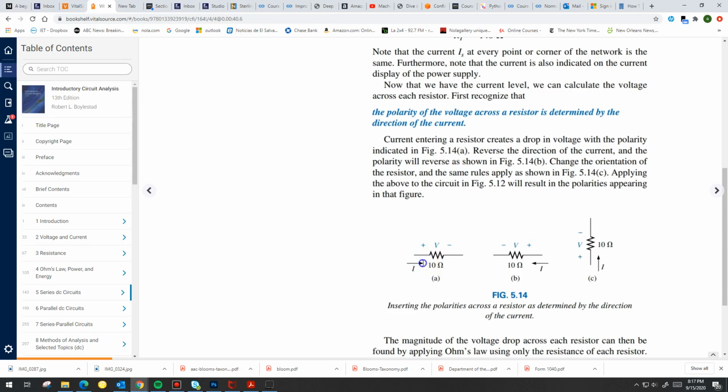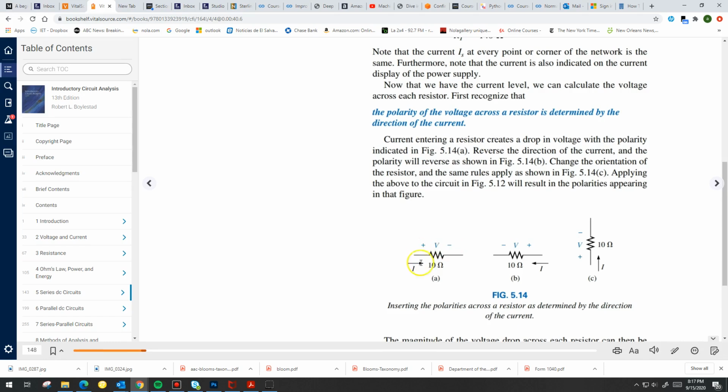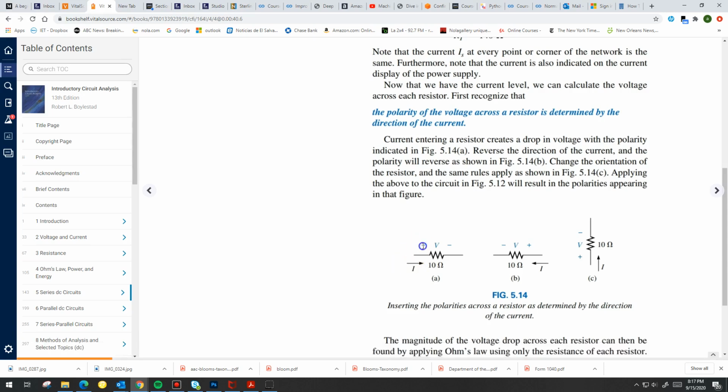This direction gives me this polarity, and this polarity gives me this direction. I urge you to really understand the three cases here and be able to determine polarity from the direction of current and the direction of current from the polarity. Make sure you understand that.